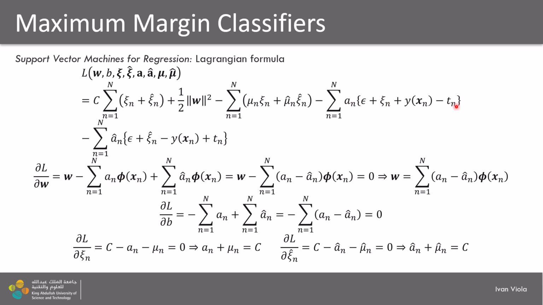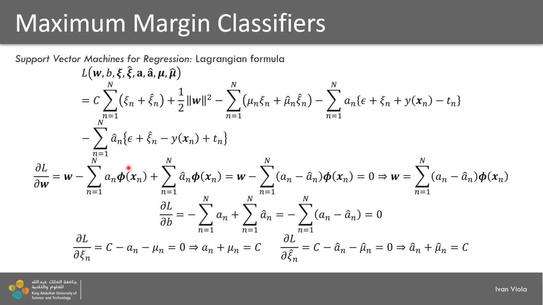The rest are only constants. And also from this term here, where we have a minus yn, we also get the multiplier an hat with the phi n feature vector.